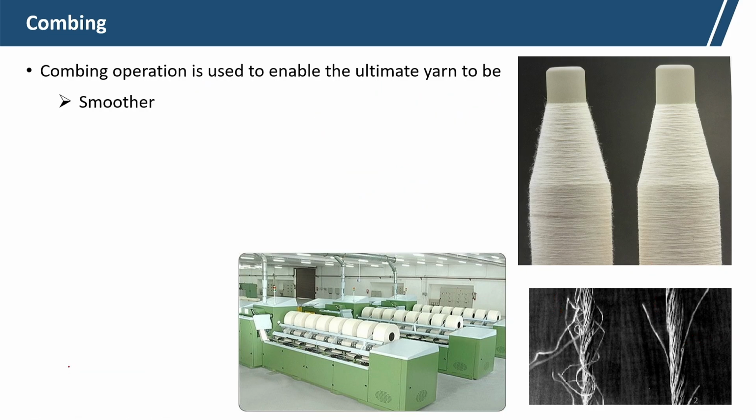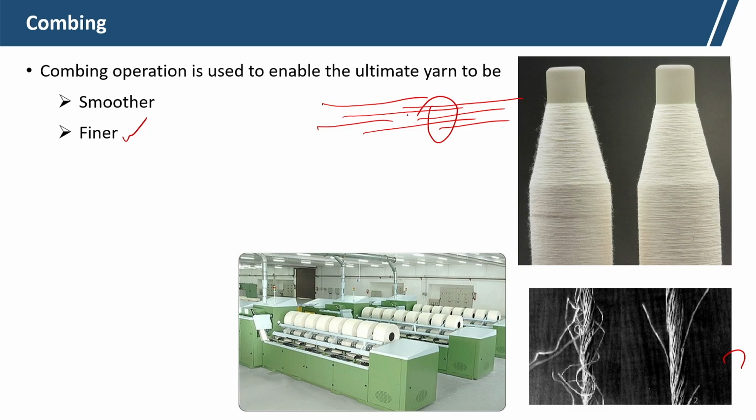So, after combing the yarns become smooth and we can use higher draft for the same cotton fiber as the short fibers are removed. Most of the fibers present are longer. So, the inter-fiber cohesion increases.